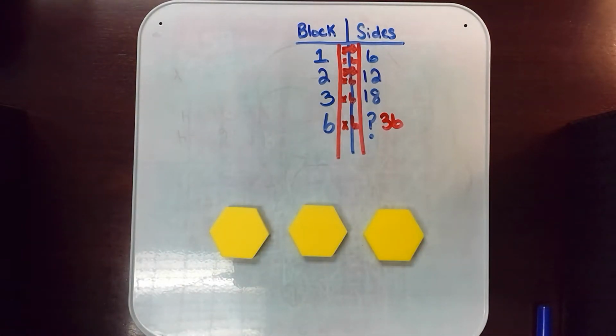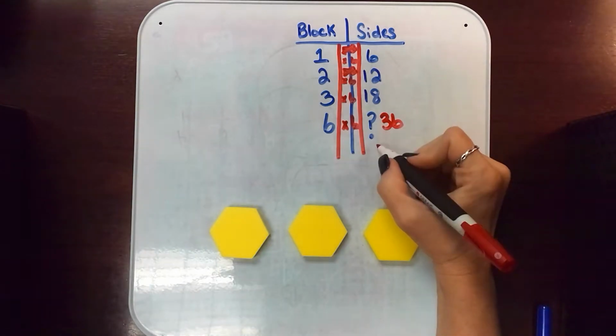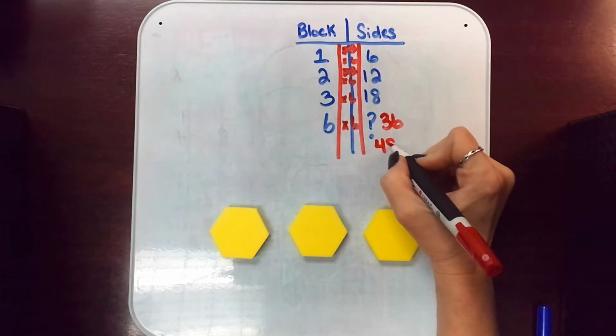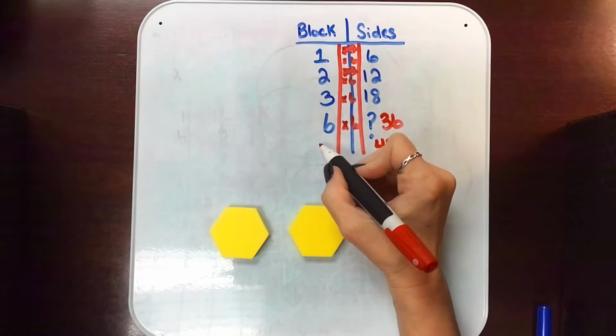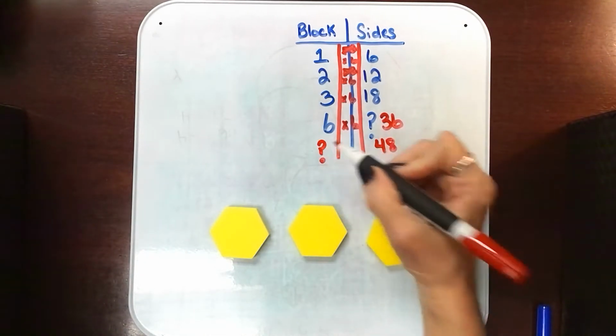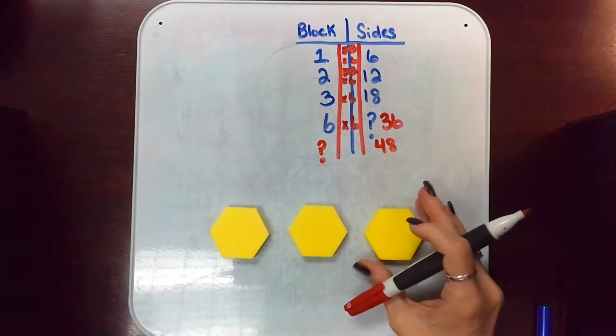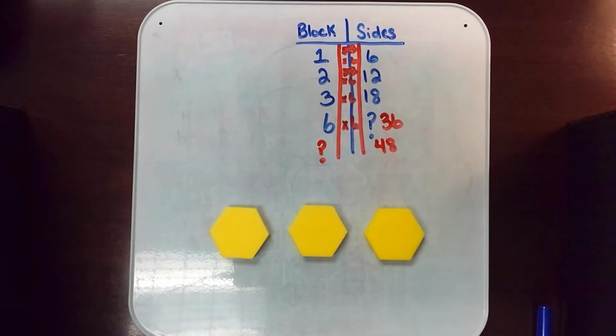So then I may want to do something like, well, what if I had 48 sides? Could I figure out how many blocks, or how many hexagons, we would use? It's important to make sure that students look at tables from left to right, but also from right to left as well.